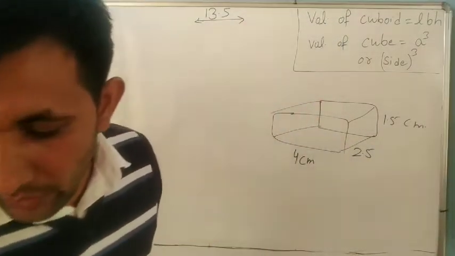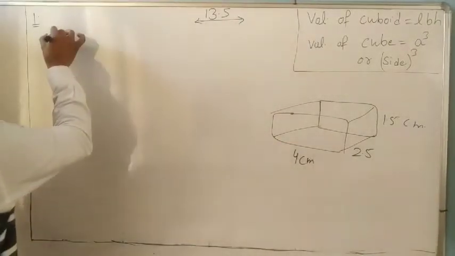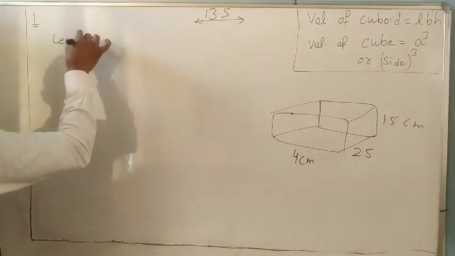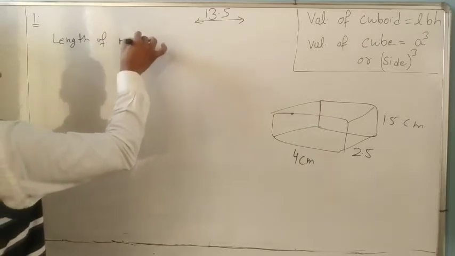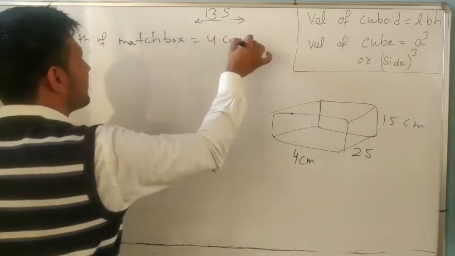Then we have to find the volume of the packet. So first we will write the length of the matchbox. How much? 4 centimeter, same as it is.